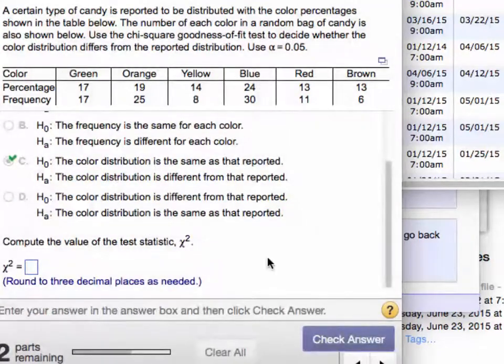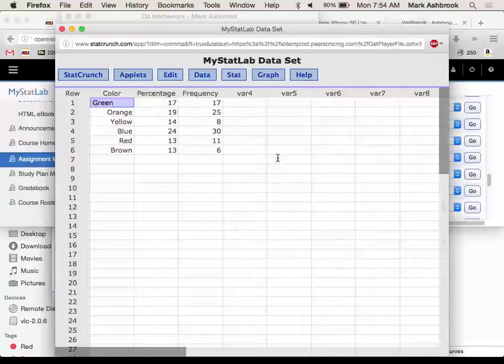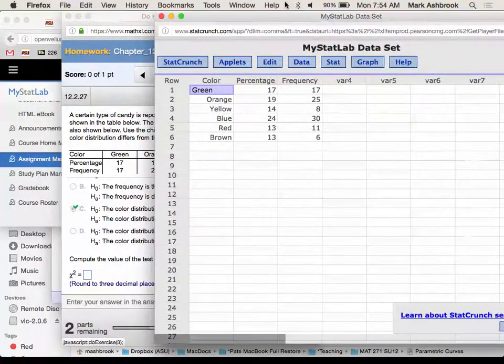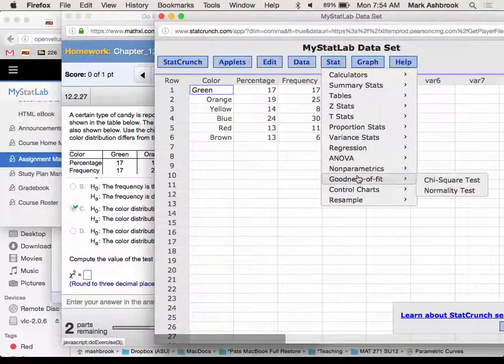Okay. So the test statistic, when we get that from StatCrunch, is this value that compares the observed to expected in each category and comes up with this one number that's indicative of how close the observed results are to the expected results. So we'll go to Stat and go to Goodness of Fit, Chi-Square.